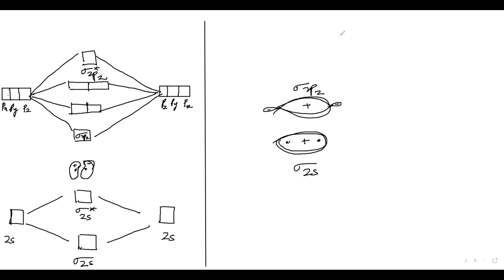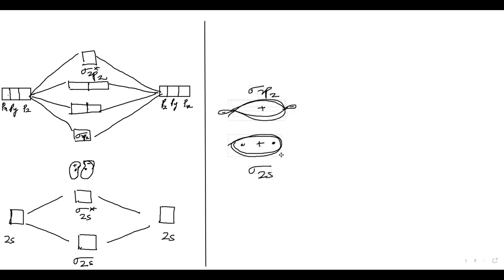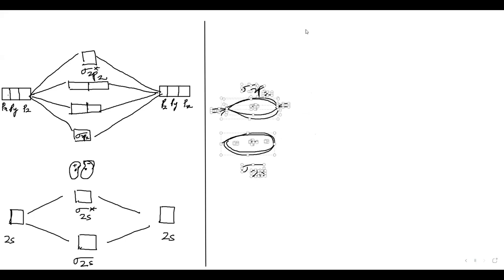Now what happens with those elements whose Z effective is not very high? For example, if we move along the period, Z effective increases. Fluorine has the highest Z effective in the second period, correct?